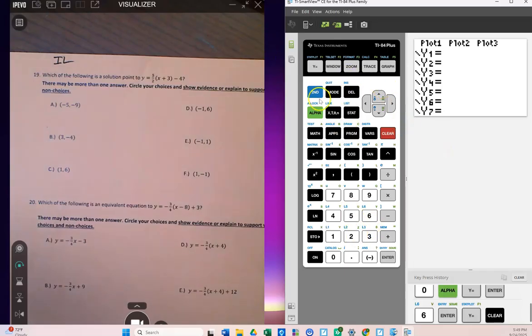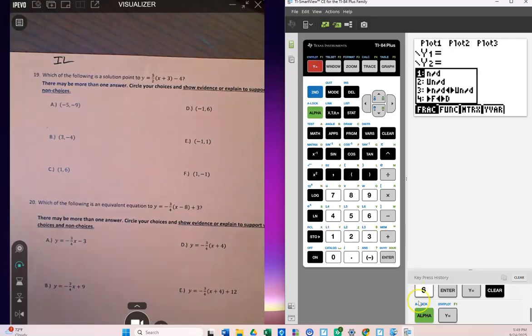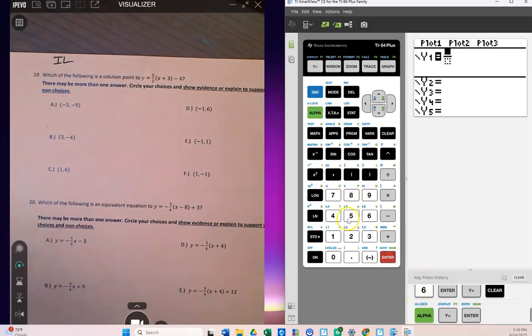Okay, how do I put a fraction in? Alpha y equals. Enter. 5 down 2. Oops. Parentheses. I couldn't exactly say, hey, this is how you put it in.